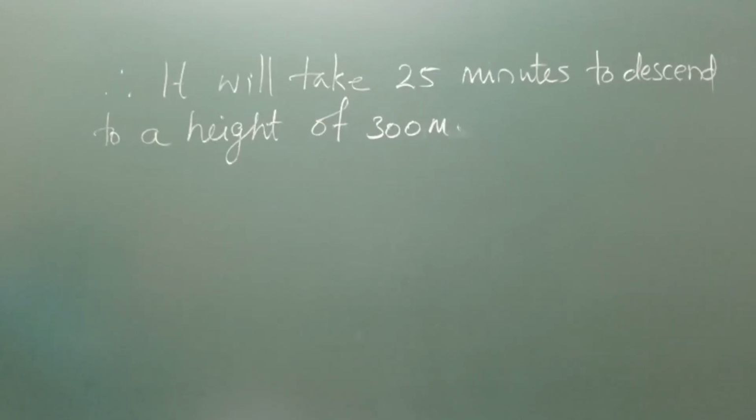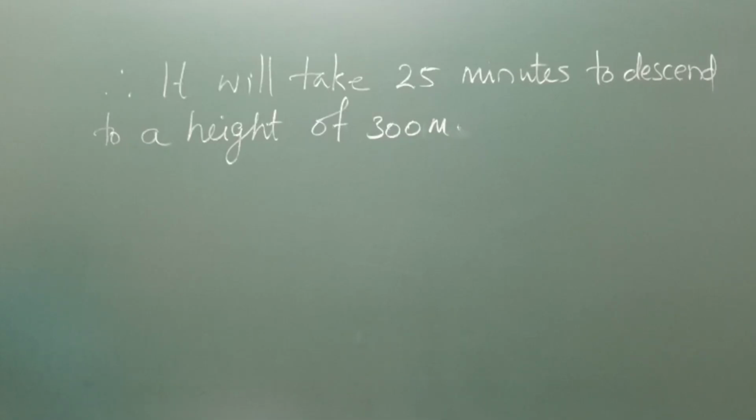The question was, an aeroplane was flying at a height of 1800 meter. If it descends at a constant rate of 60 meter per minute, how long will it take to descend to a height of 300 meter? First we found the distance the plane needs to travel downward from 1800 to 300 meter, that was 1500 meter.